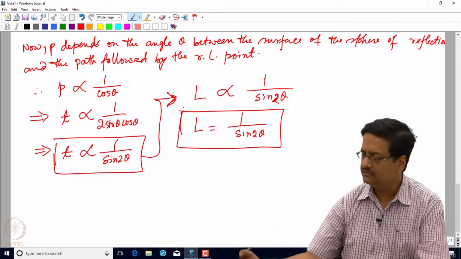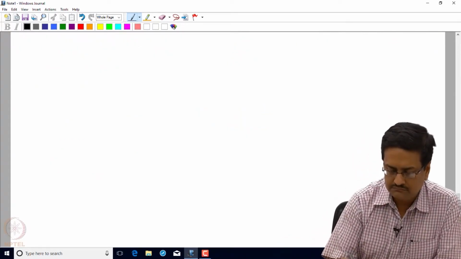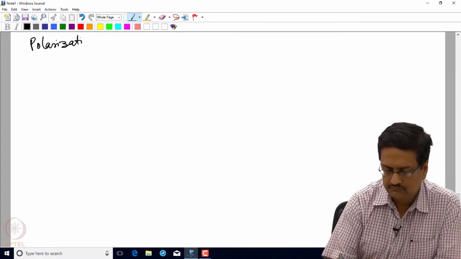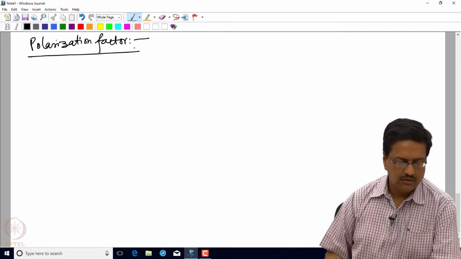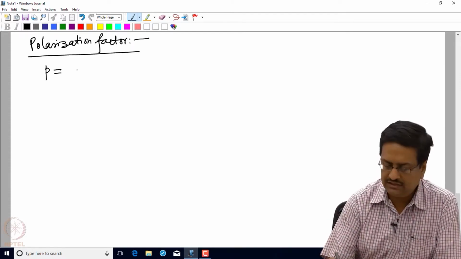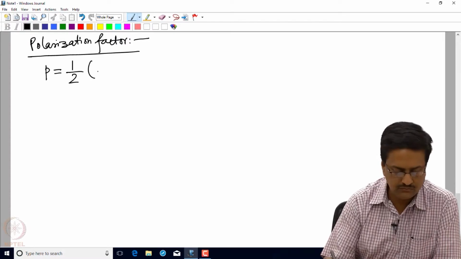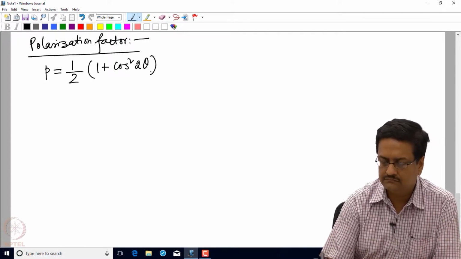Now let us try to understand the polarization term. The polarization factor P is written as 1 by 2 times 1 plus cos square 2 theta.